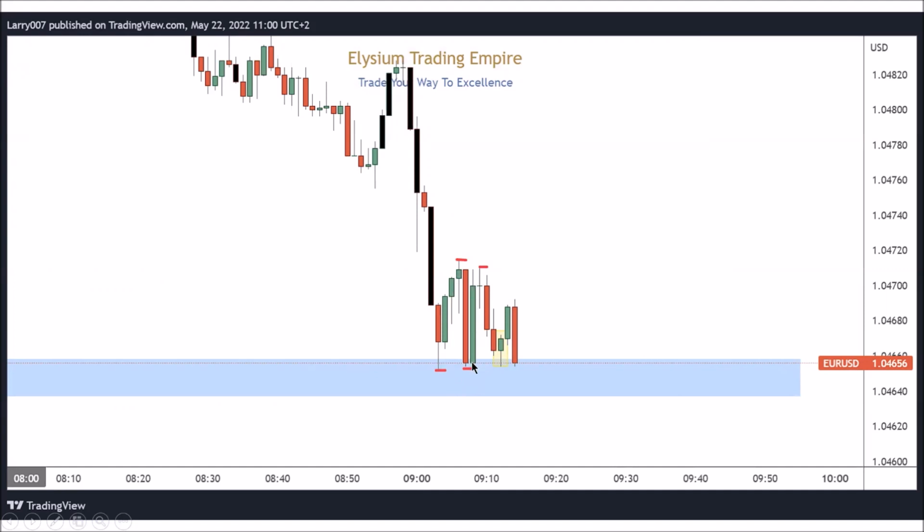But I saw this big candle, so I will not enter right there. I was thinking, okay, if I get a third higher low, then I would enter right after the candle close and put my stop loss below.